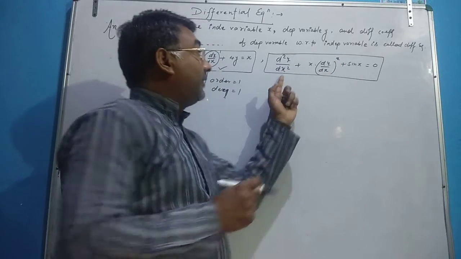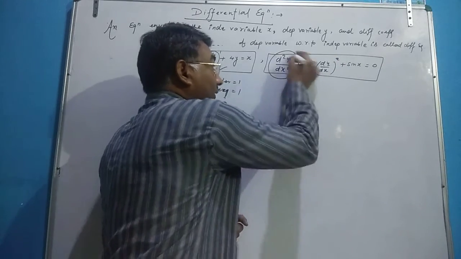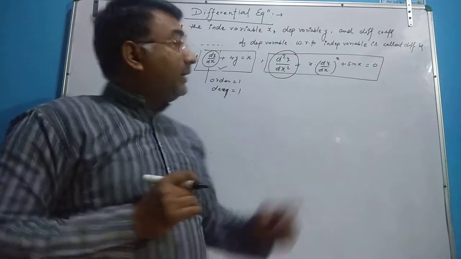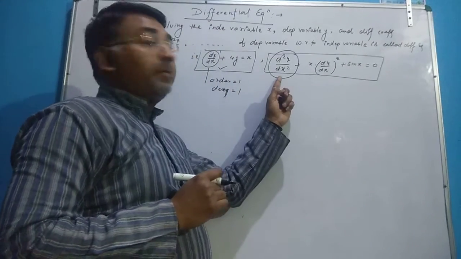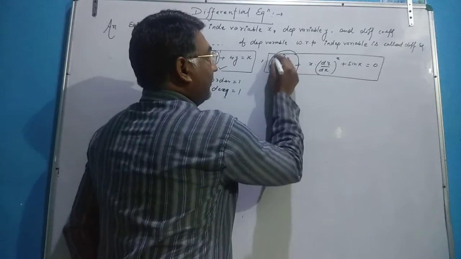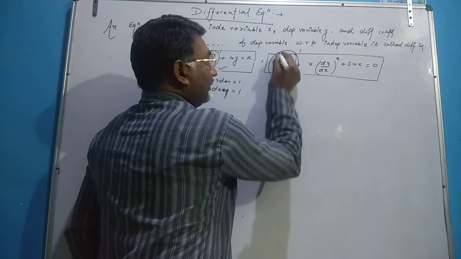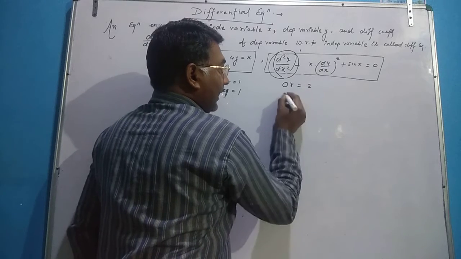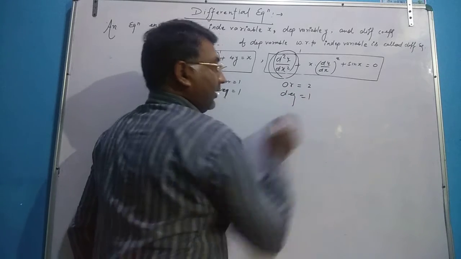So the maximum order derivative is here, so the order is 2. And the degree is the exponent of the maximum order derivative. What is the exponent? That is 1. So the order is 2 and the degree is 1.